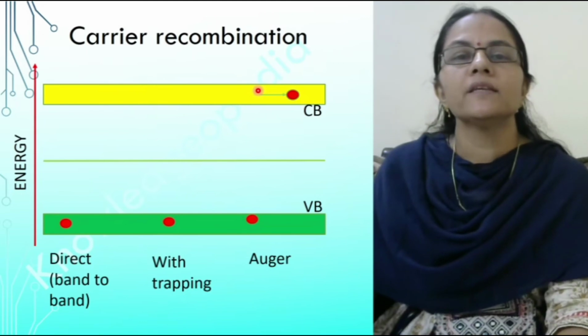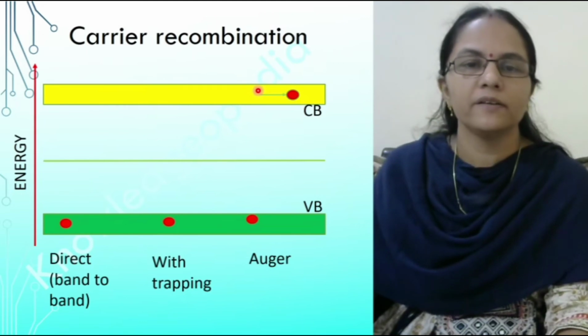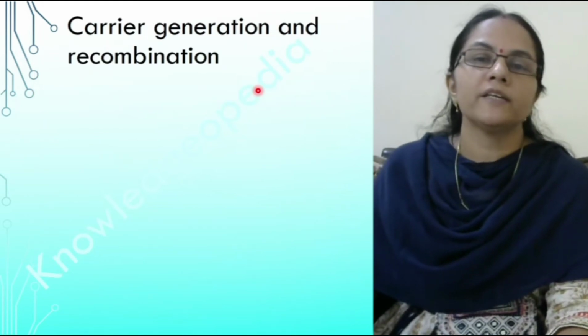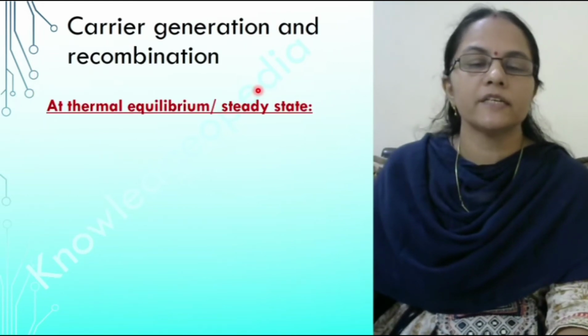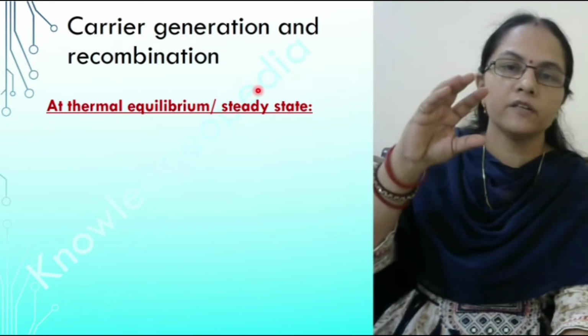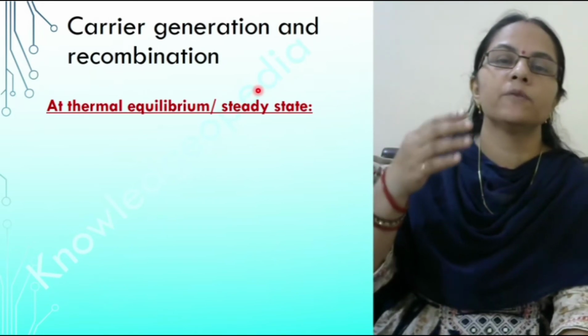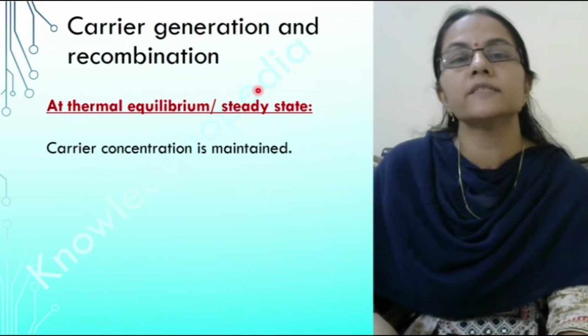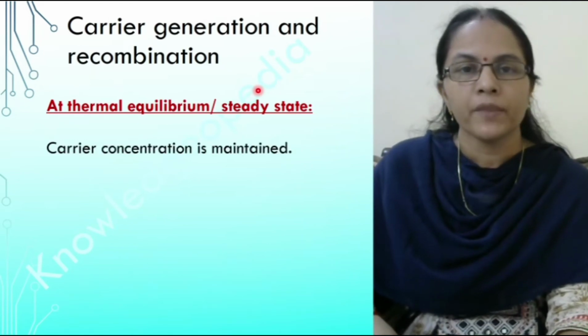Now we will see the mathematical derivations for recombination and generation. Generally at thermal equilibrium or steady state, what happens? The number of electrons and the number of holes remain constant. That means the carrier concentration is maintained.